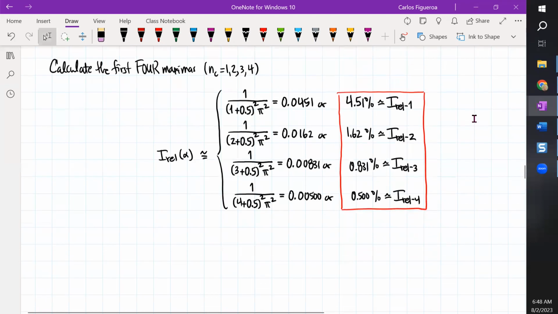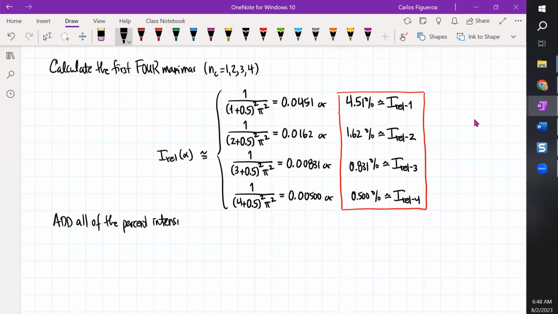I'm going to add all of the percent intensities for one side of the diffraction pattern.